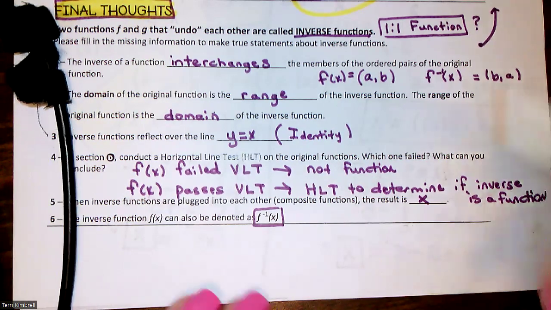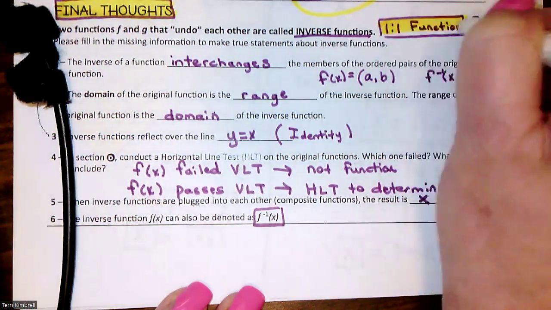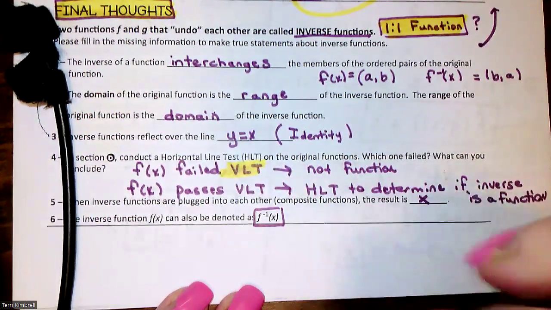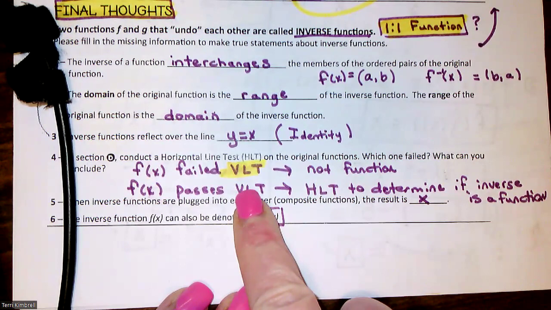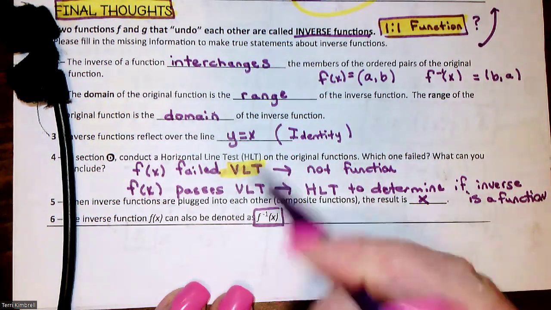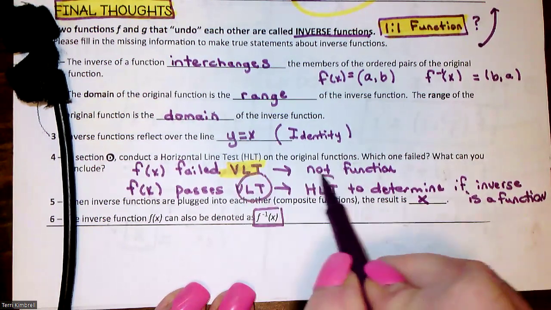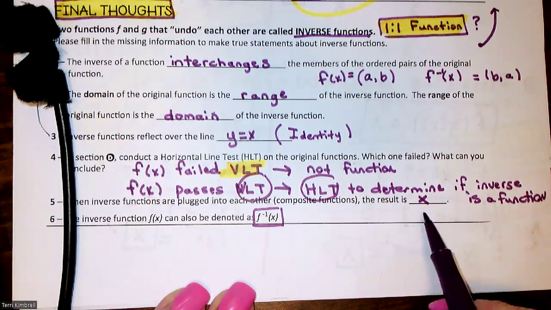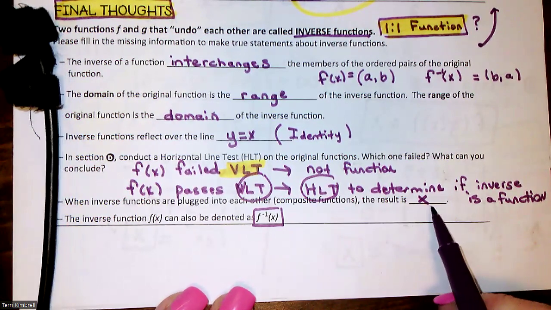So if it fails vertical, it's not 1-to-1. So it must pass vertical and it must pass horizontal to have an inverse. Remember that it is reflected over y equals x.